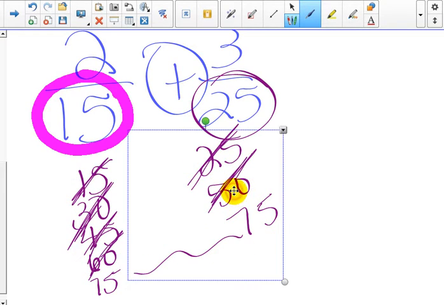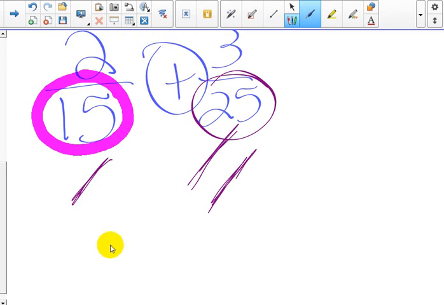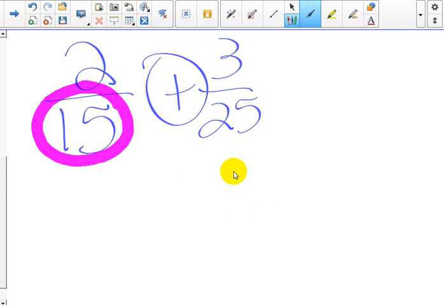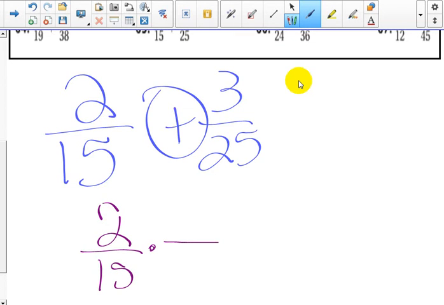So let me delete this stuff. Oh my goodness, that's a lot of it. Alright, so what we're going to do is convert both of these to 75ths. So for the 15, what do I need to multiply 15 by to get 75? It was 5.